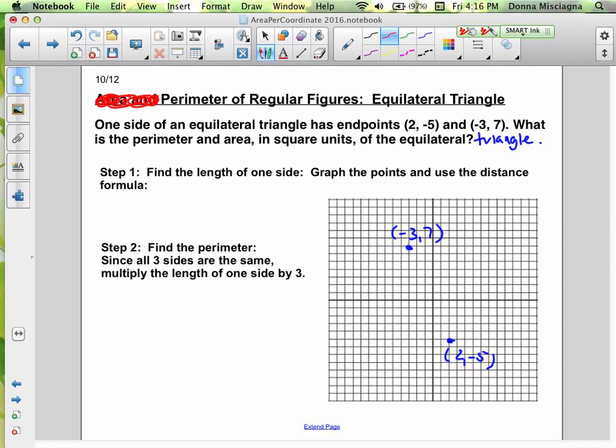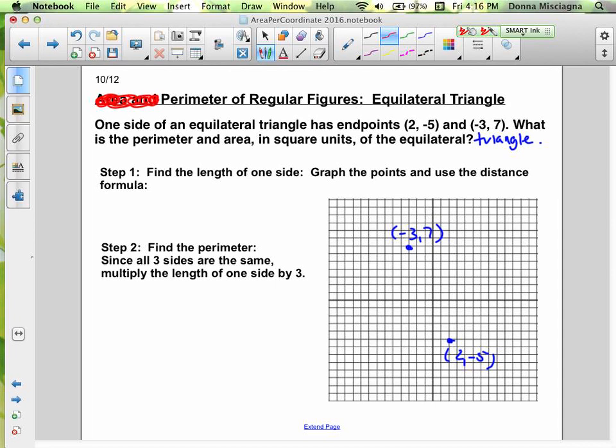So we'd have to be finding one of the other points, or where one of the other points could possibly be, to use that property. And so I decided, let's just do perimeter on this one, and we'll save area for the one that has the triangle graphed. All right, so step 1.